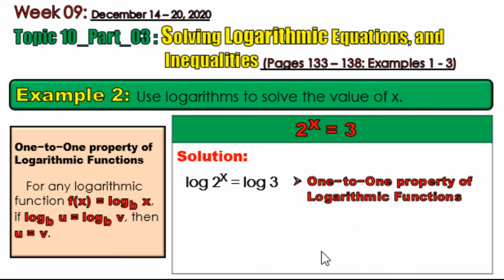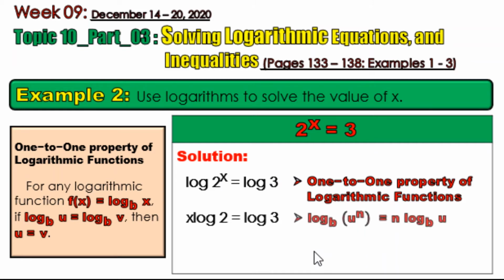Then by applying the third law of logarithms, the exponent x can be used as the multiplier. So we can have x times the logarithm of 2 is equal to the logarithm of 3.